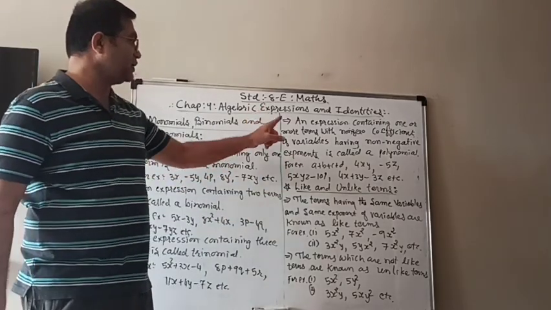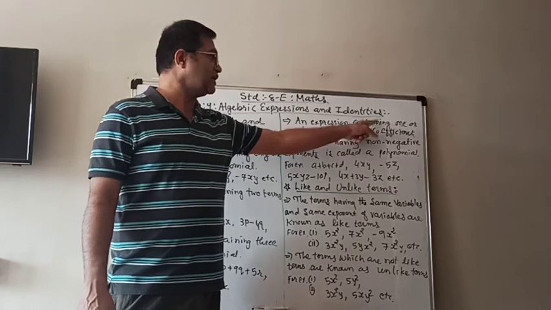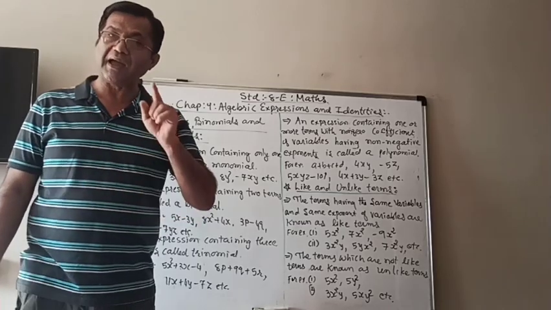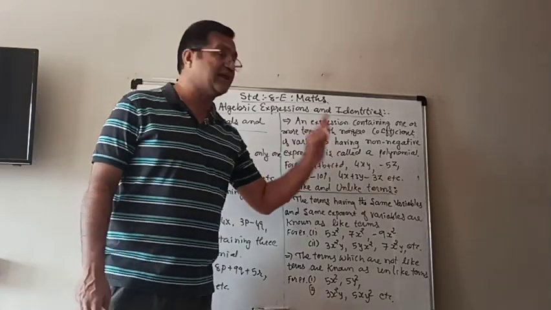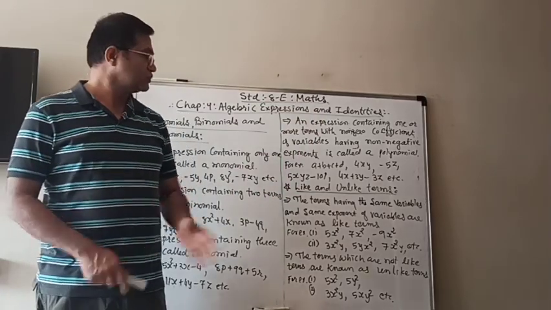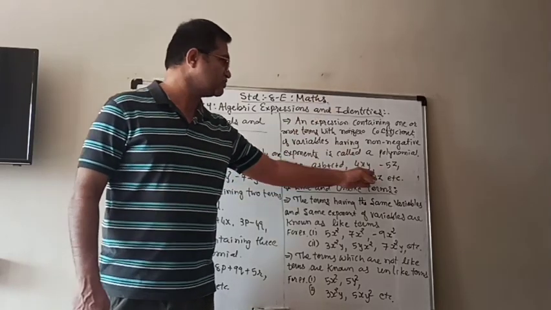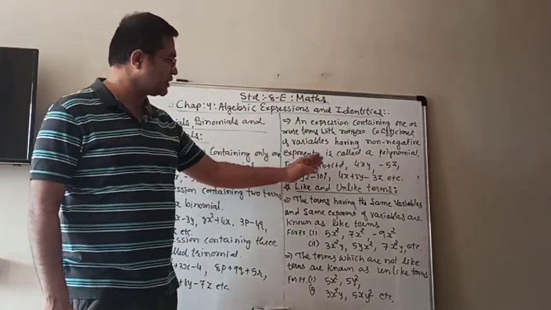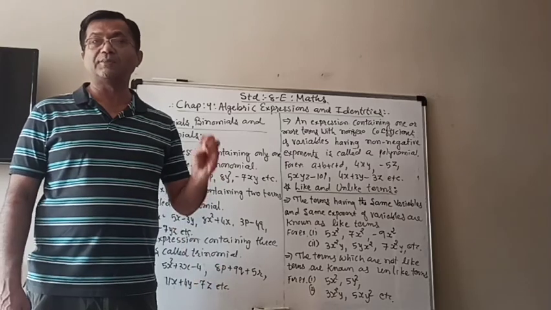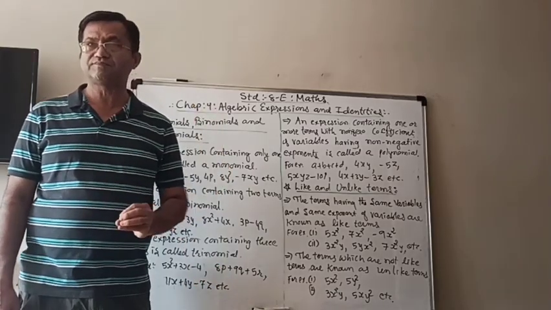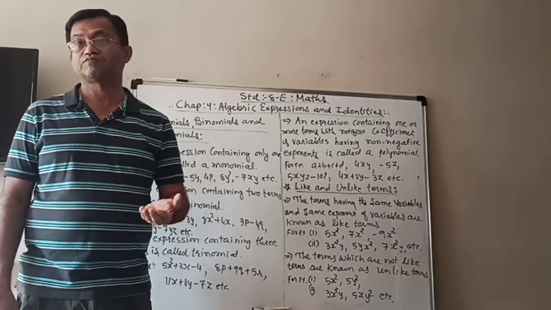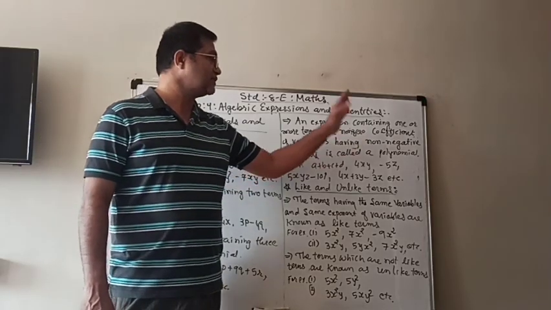So again repeating, an expression containing one or more terms with non-zero coefficients and having non-negative exponents is called a polynomial. So all of these: a plus b plus c plus d, 4xy minus 5z, 5xyz minus 10p, 4x plus 3y minus 3z. Here you can see that none of the terms has 0 as coefficient and none has a negative exponent, so all of them are known as polynomials.